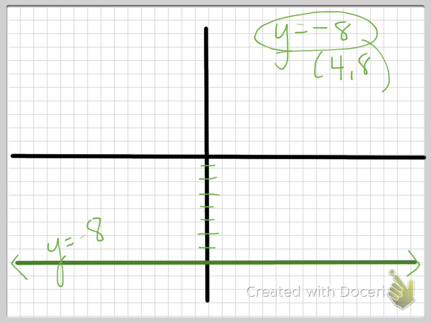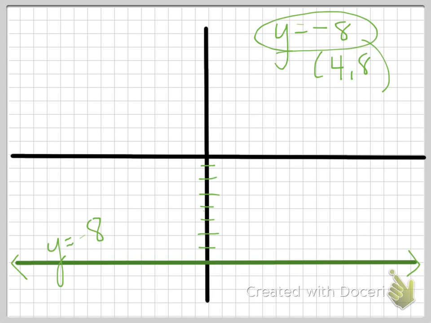We're being asked to write an equation of a line that is parallel to this line, y is equal to -8, of course, but passes through 4, 8. So let's just identify where 4, 8 is. I'm sorry if I said this already.